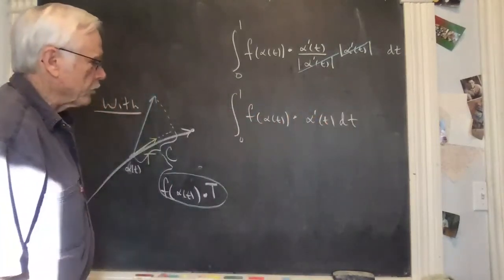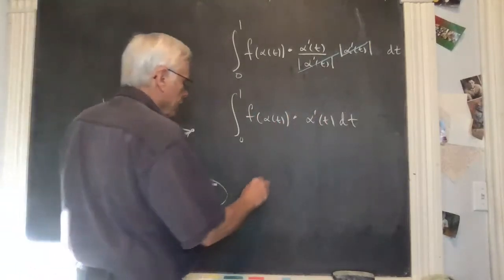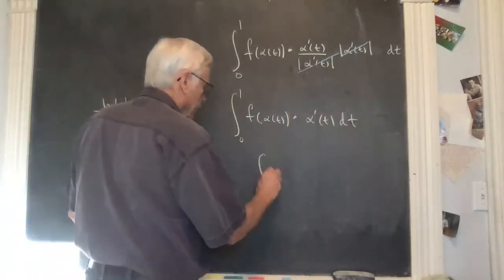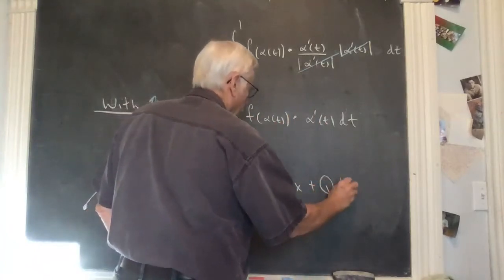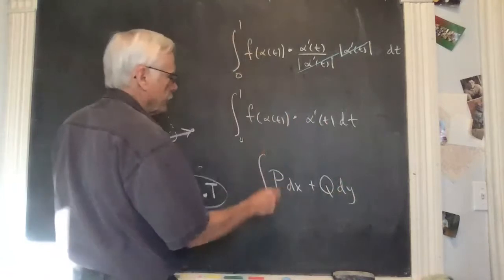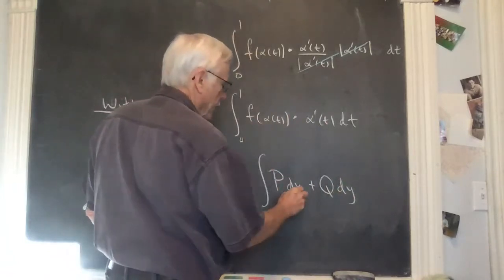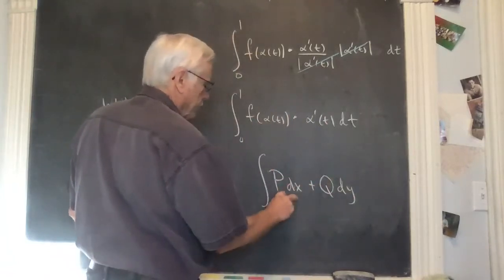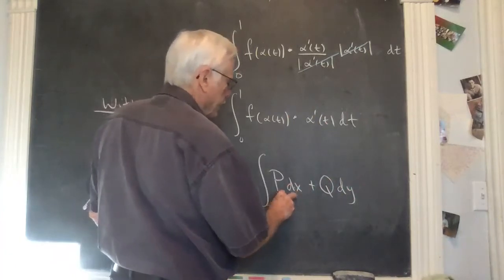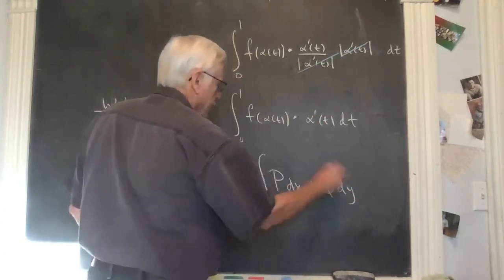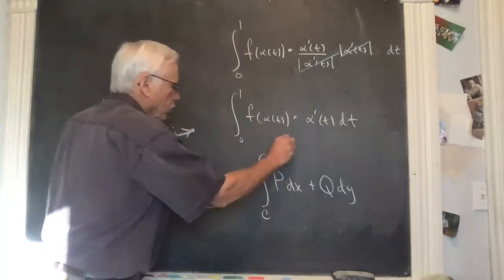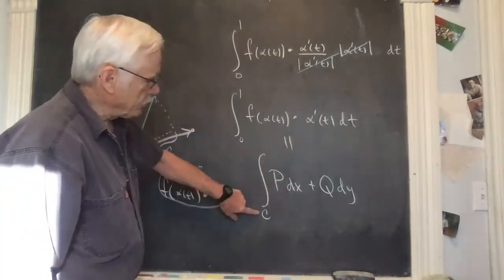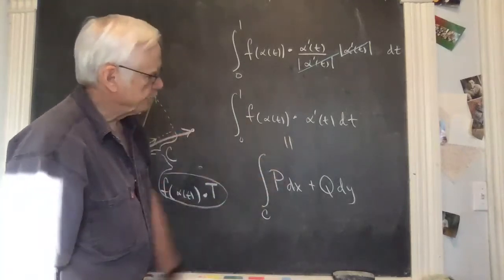Now, if no parameterization is given, this is called P dx plus Q dy. P and Q are the components of F, so F has 2. This is a dot product here, PQ dot dx dy. So this indicates the derivative term over C. Now these are equal. If you have a parameterization, this becomes this.